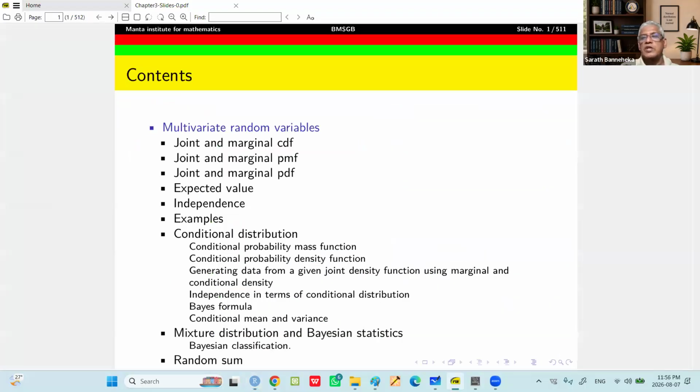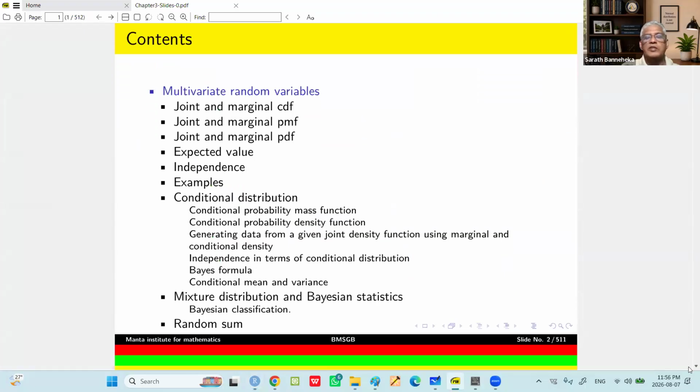So these are the topics that we have looked at. These are all in different videos. We started with joint and marginal CDF, joint and marginal PMF, joint and marginal PDF, so on. So joint distributions.